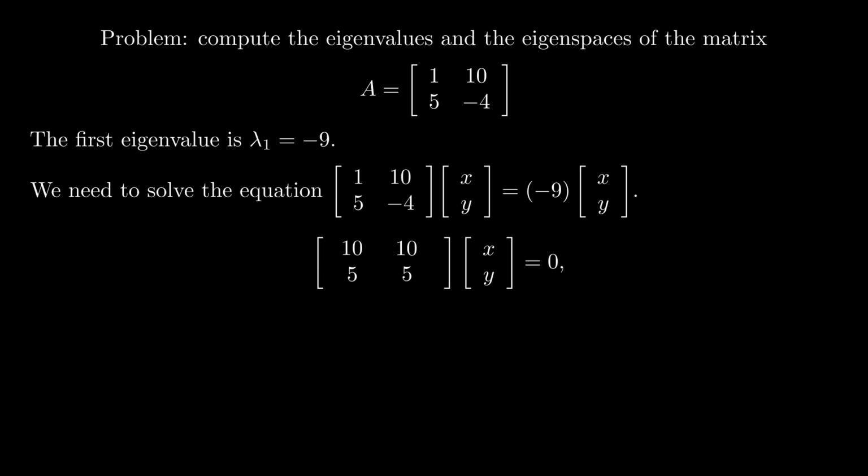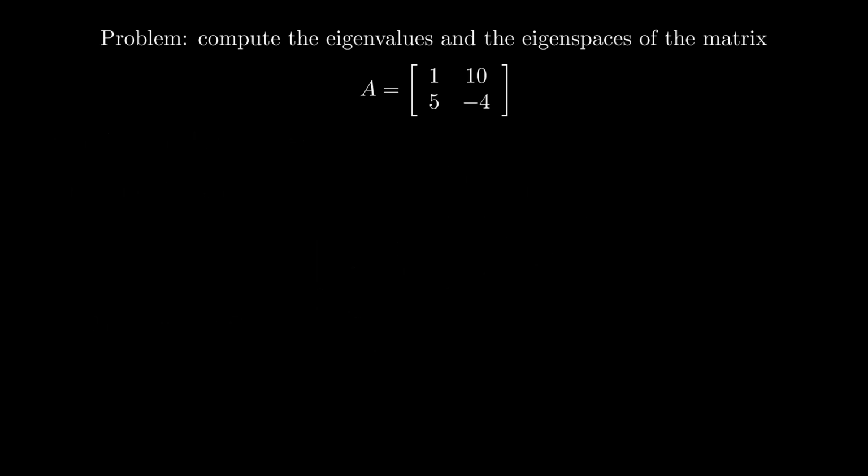Solving this is simple, as already the first row of the matrix gives us the answer. We see that the solutions form a line spanned by the vector -1, 1. This line is also called the eigenspace corresponding to the eigenvalue -9. It consists of the origin together with all the eigenvectors for that eigenvalue. We denote this line as E subscript -9.